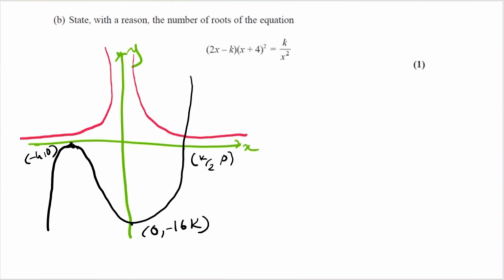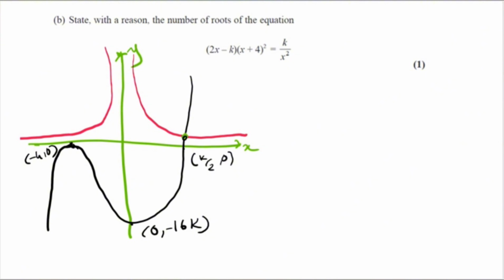Now part B is telling, state with a reason the number of roots of these equations. So we have to find how many roots of this. As you can see, when you draw both graphs on the same axis, we can find only one intersection point here.